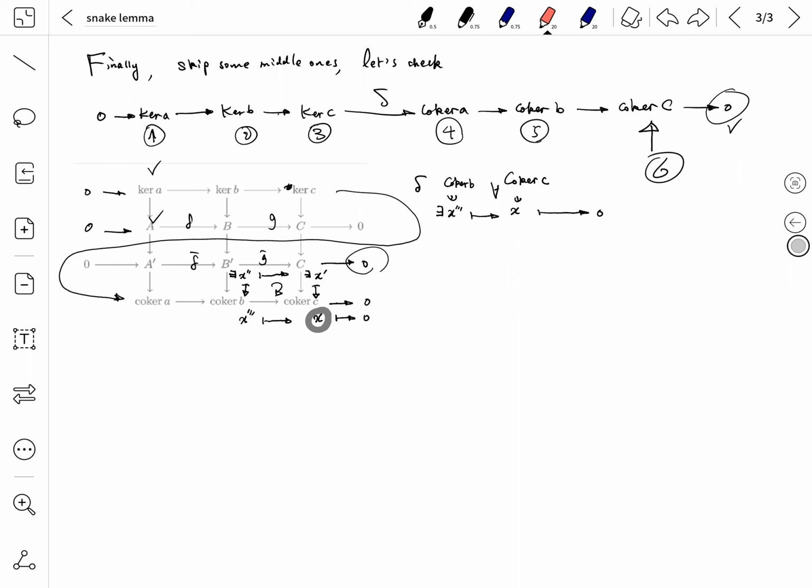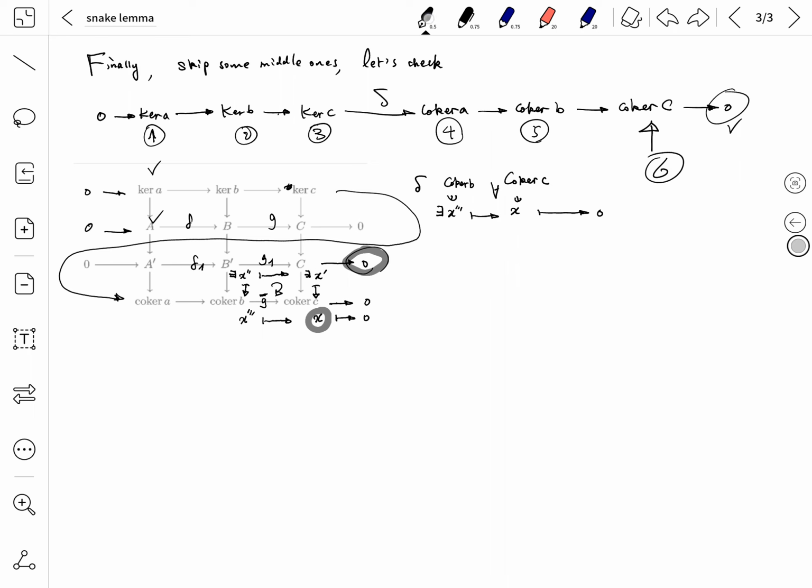Does G bar being surjective imply that... I should call this G bar actually. It's not good to call that G bar. Let's call this F1, G1. Does F1 being surjective imply this G bar surjective?